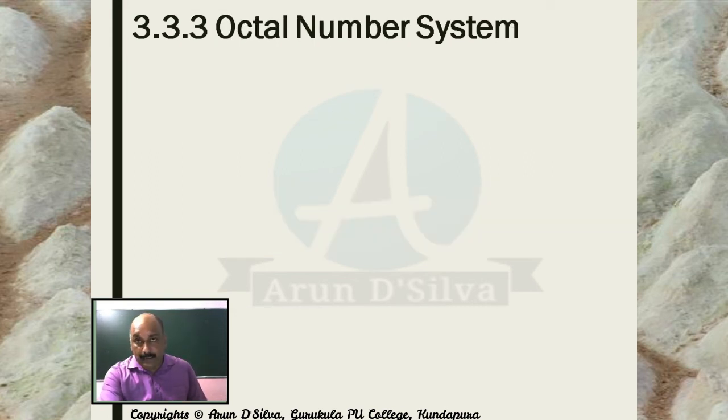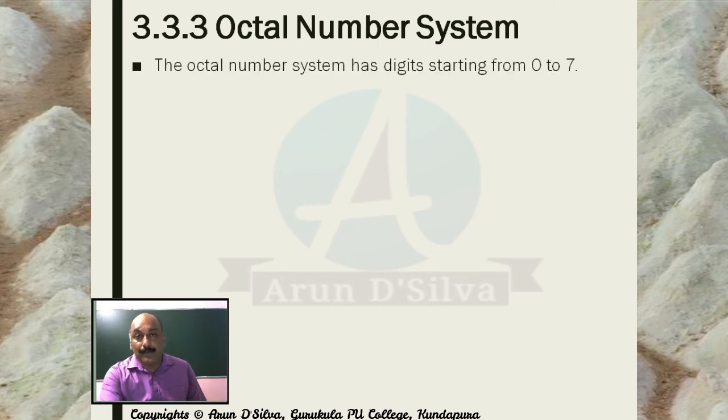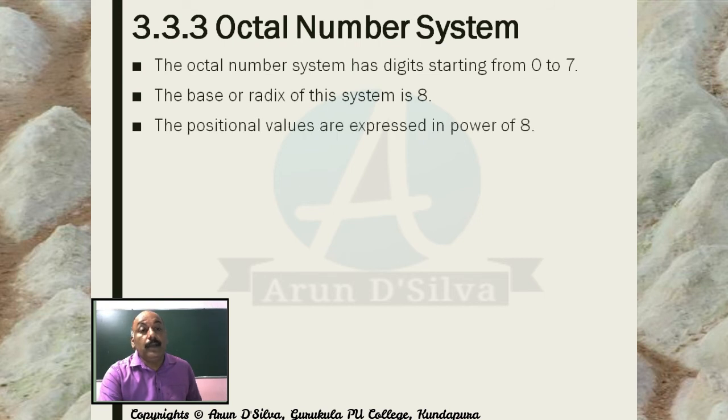Going to the next number system, that is the octal number system. Octal means 8. The octal number system has digits from 0 to 7. There are 8 digits in this, so the base or radix of this number system is 8. Got it? Position values are expressed in powers of 8.